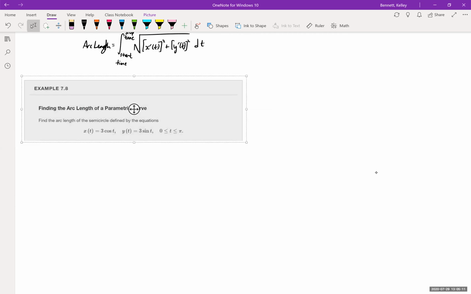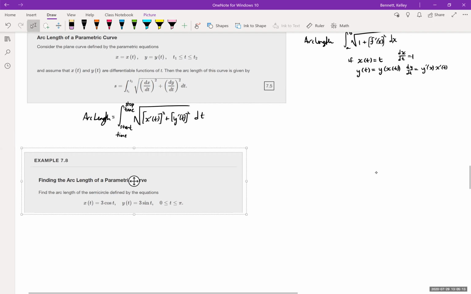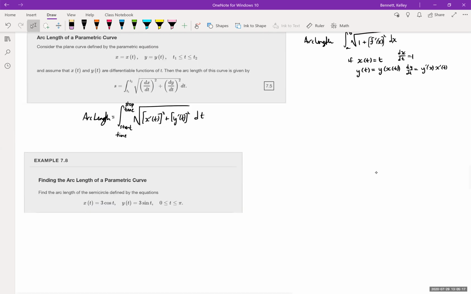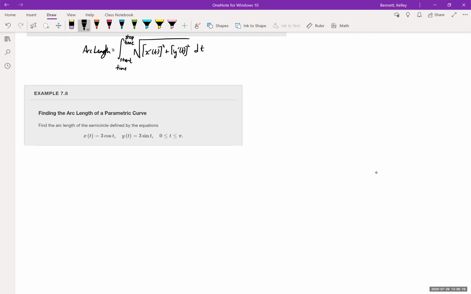All right, so we need to find x prime and y prime. We have that x prime of t is -3 sine t, so x prime of t squared is 9 sine squared t.